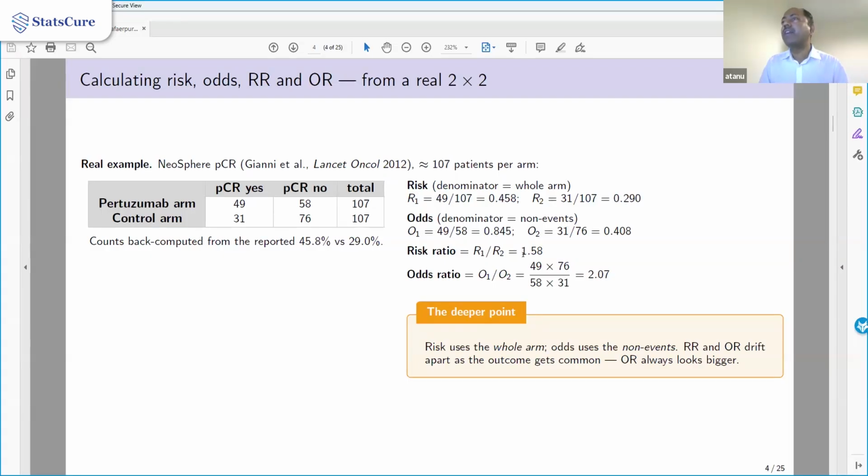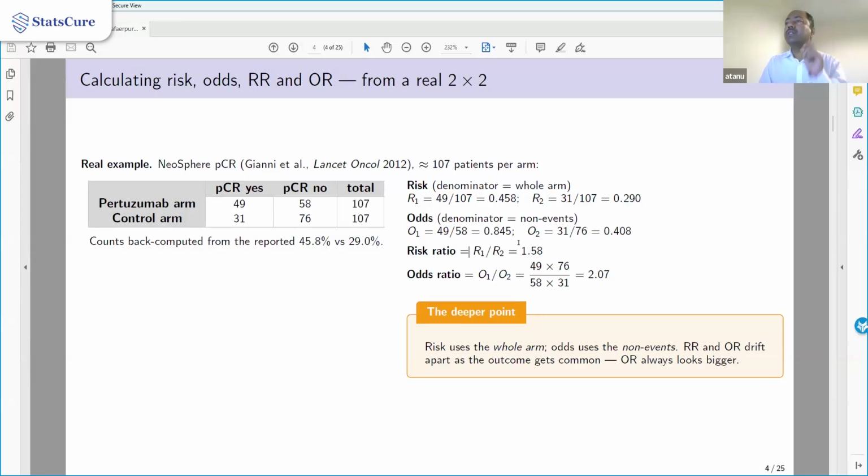How is the risk ratio interpreted? Getting PCR among those on pertuzumab is 1.58 times more as compared to those treated with control. That is what the risk ratio says.